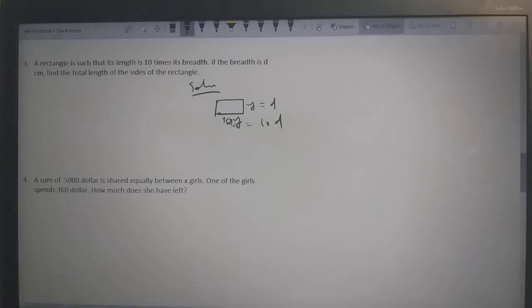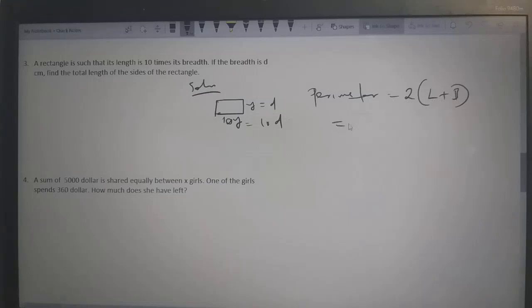They now say find the total length of the sides of the rectangle. When you say total length of the sides of the rectangle, you are asked to calculate perimeter. Perimeter is 2 times (l plus b).